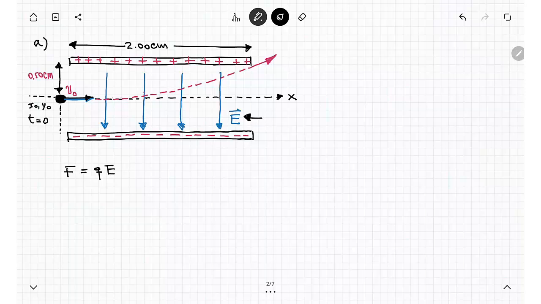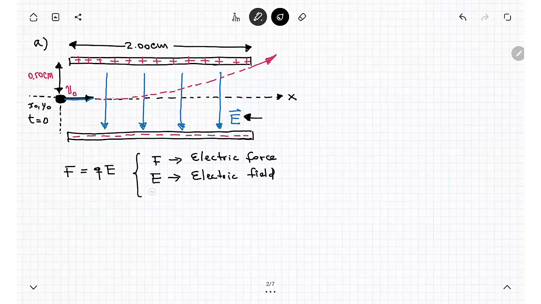Here F is the electric force, E is the electric field between the plates, and Q is the charge of the particle, in this case the electron.